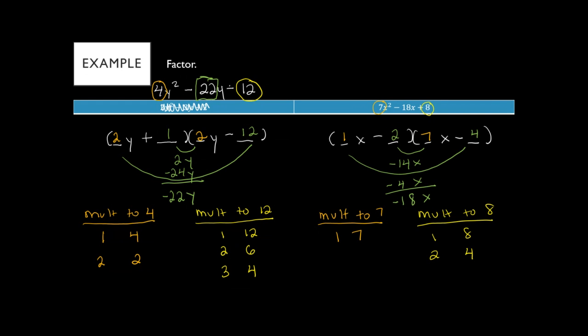And I would not want to use this method because it would take a long time. But this is essentially what trial and error is, that you're plugging in numbers and then you're seeing, do they multiply to the correct combination?